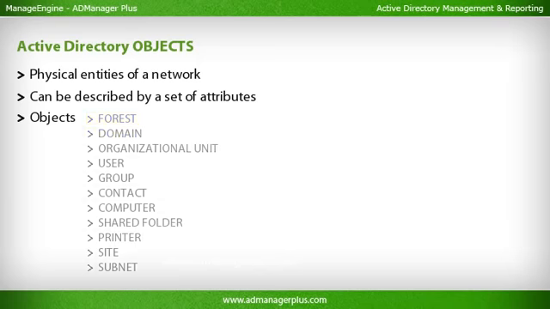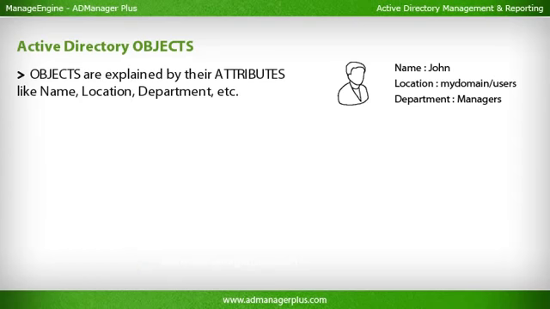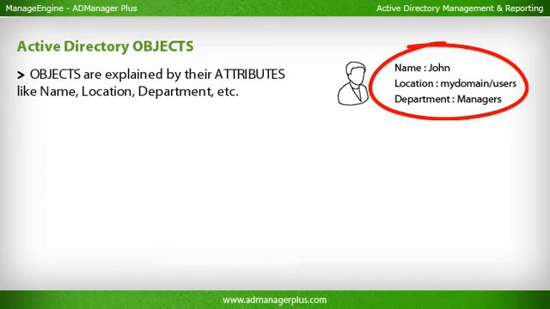Objects: forest, domain, organizational unit, user, group, contact, computer, shared folder, printer, site, subnet. Objects are explained by their attributes, like name, location, department, etc.